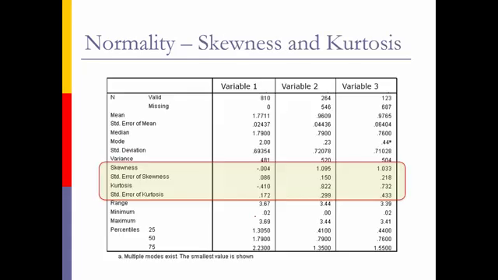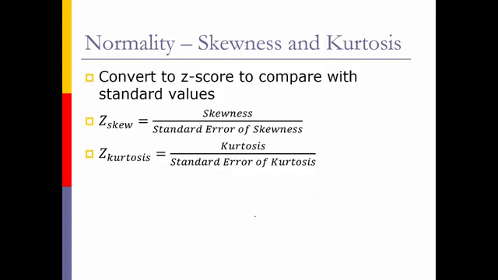Other things that you can do is you can look at skewness and kurtosis. SPSS will print out information for you if you ask for the skewness and kurtosis, a little checkbox. And you can get that information. And if you take the skewness and divide it by the standard error of the skewness, you can get a z-score value for that.